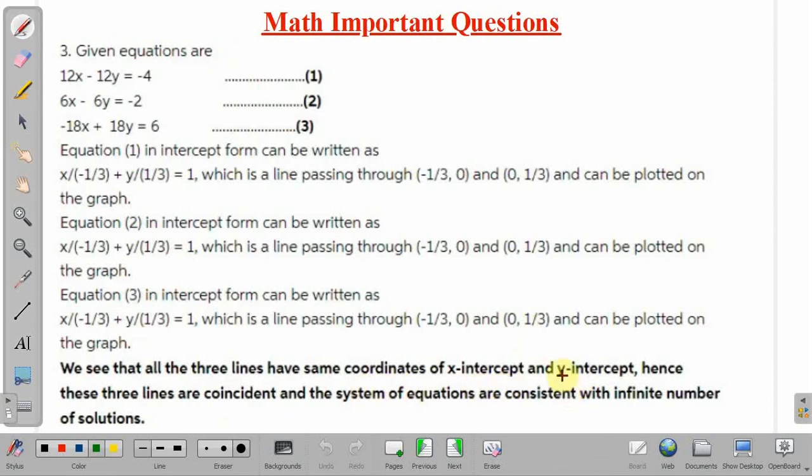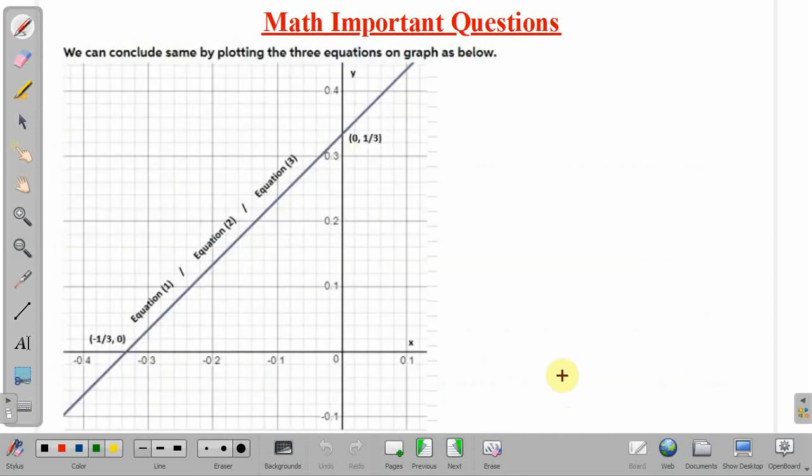If we plot the graph of all these three lines, all will be coincident. You can see all the three lines have x-intercept as minus 1 by 3 comma 0 and y-intercept as 0 comma 1 by 3, and all the lines will be coincident. So we can say that the given system of equations is consistent with an infinite number of solutions.